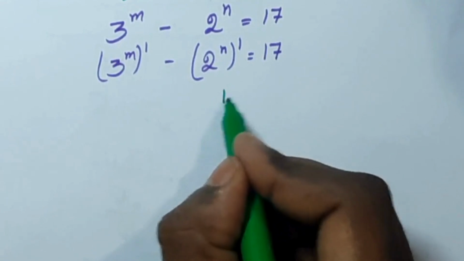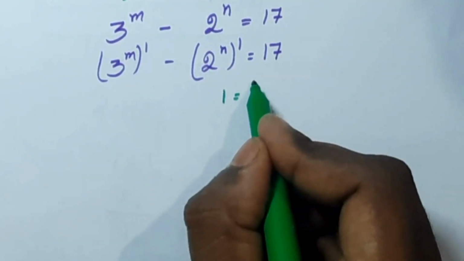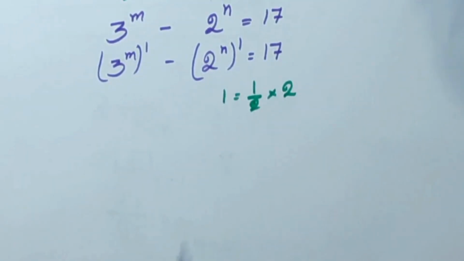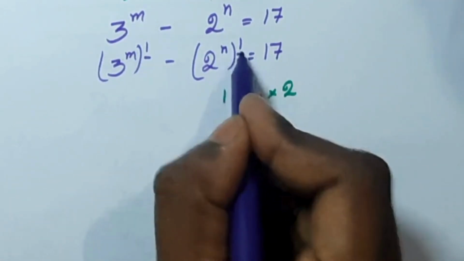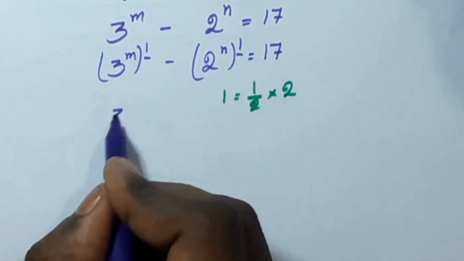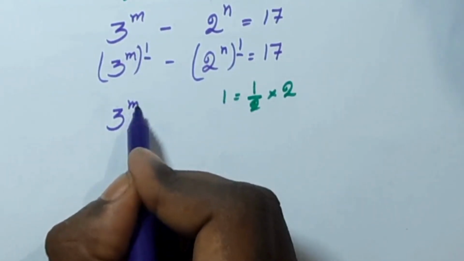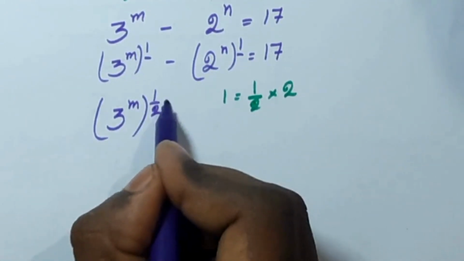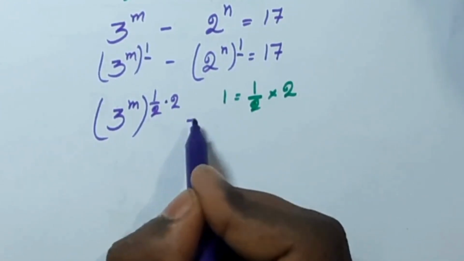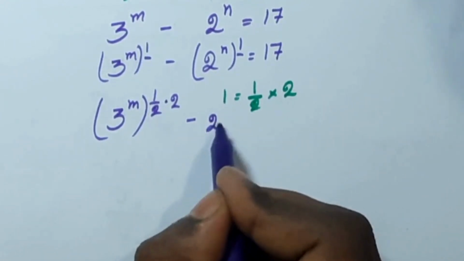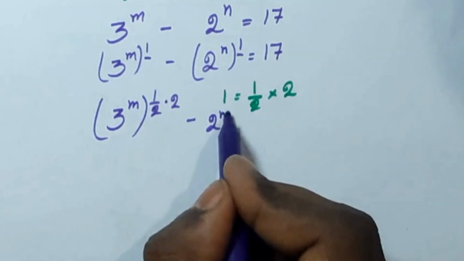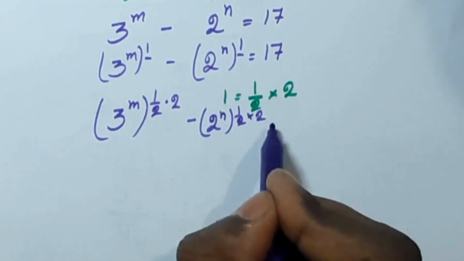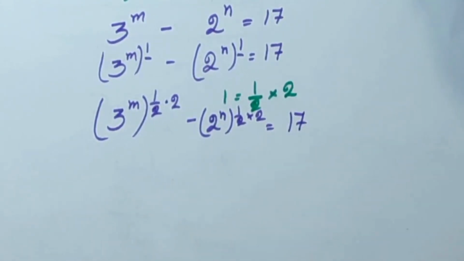1 can be written as 1 equal to 1 by 2 multiplied by 2. We are applying this here. So 3 to the power of m whole power 1 by 2 into 2 minus 2 to the power of n whole power 1 by 2 into 2 equal to 17.